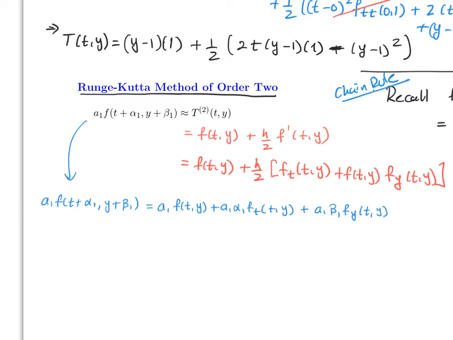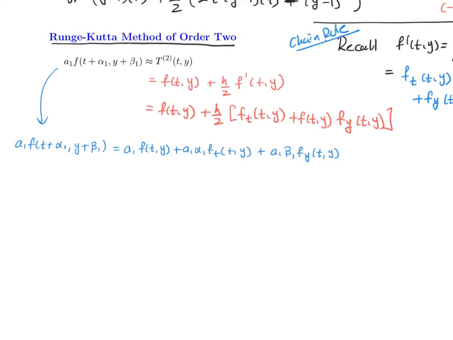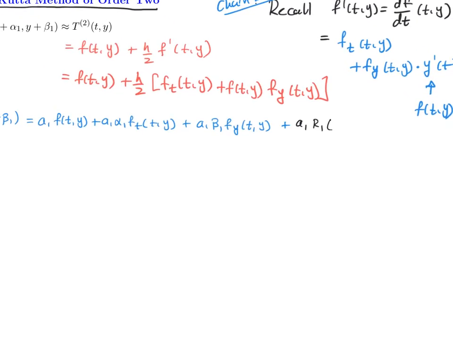And here we're only doing the expansion up to this point, so therefore the last term has to be the remainder, which in this case should be a1 R1 of (t plus alpha 1, y plus beta 1).